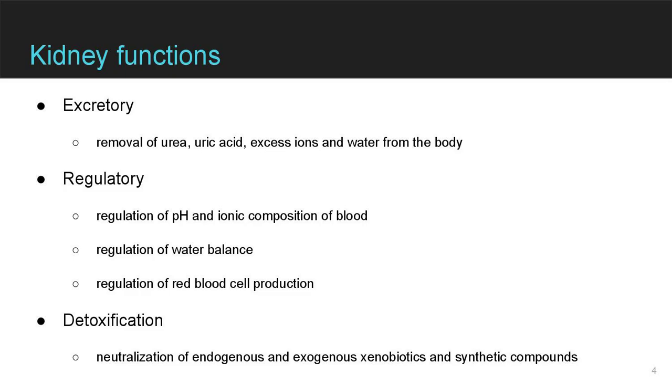So kidneys can excrete hydrogen ions. Regulation of water balance. That means that kidney can excrete an excess of water. And the regulation of red blood cells production. That means that it can produce signal molecules, erythropoietin, which induces production of new red blood cells.